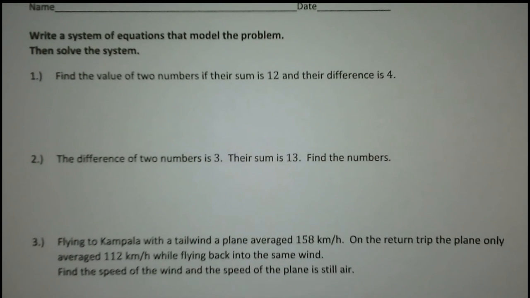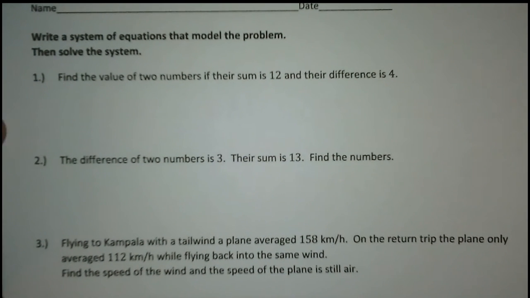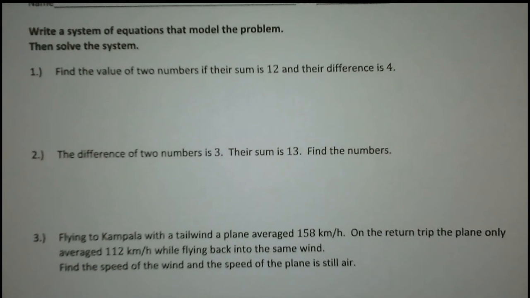Now, this assignment is basically the same stuff, but instead of them giving you the system of equations, the two equations, they're giving you a little word problem, and you have to come up with the equations on your own.